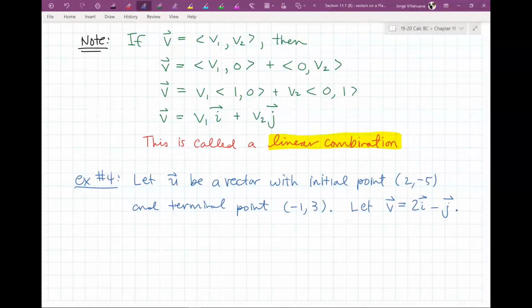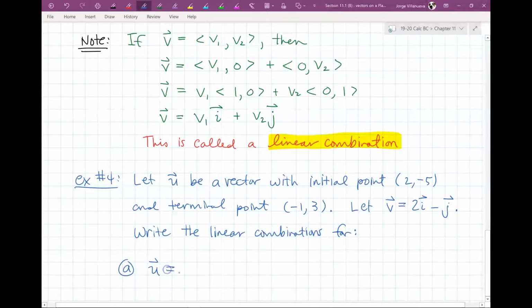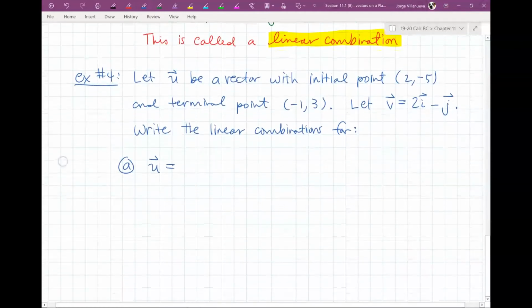So write the linear combinations for U and V. And here's the first one. We'll do U. The linear combination for U. Now, to find the linear combination for U, the very first thing you've got to do is convert those points to a vector, right? So you're going to get the x components and subtract them. So we'll go terminal minus initial.